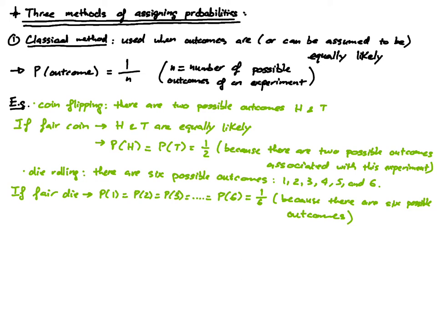Now, this method of assigning probability gives us a very important formula, which is that the probability of an event is going to be equal to the number of ways the event occurs divided by the total number of possible outcomes.